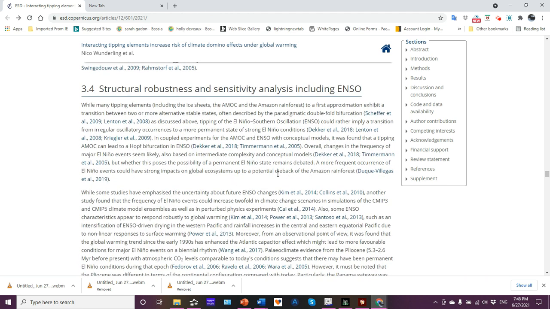Now they finally bring in ENSO, because ENSO really is quite important in the climate situation and the climate effects. While many tipping elements, including ice sheets, AMOC, Amazon rainforest, to a first approximation exhibit a transition between two or more alternative stable states, often described by the paradigmatic double-fold bifurcation.